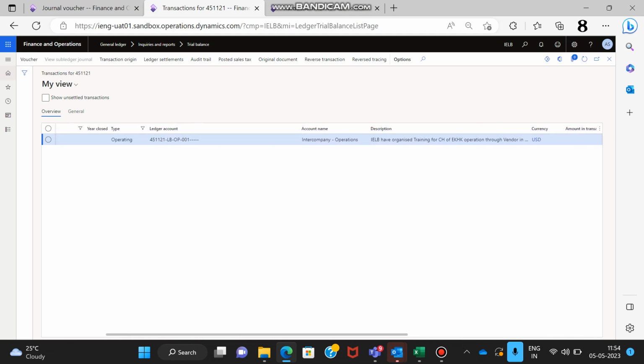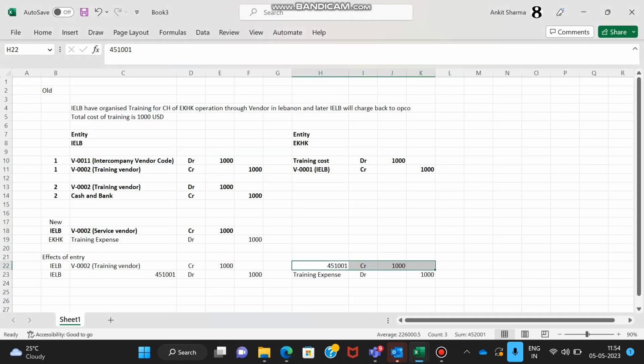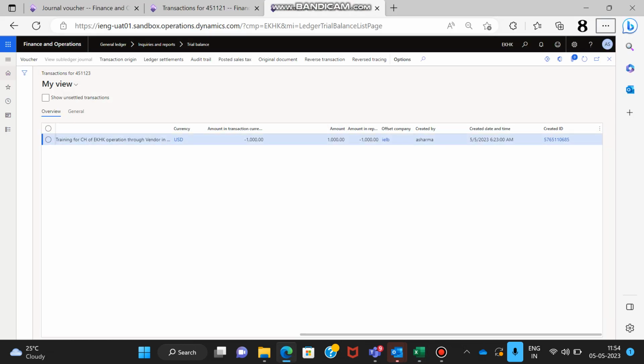Here you can see that the entity which is the initiator of this transaction does the accounting of the transaction in its books of account. You can see they have accounted all the transaction, and the second effect is automatically given in the books of Ekistok.